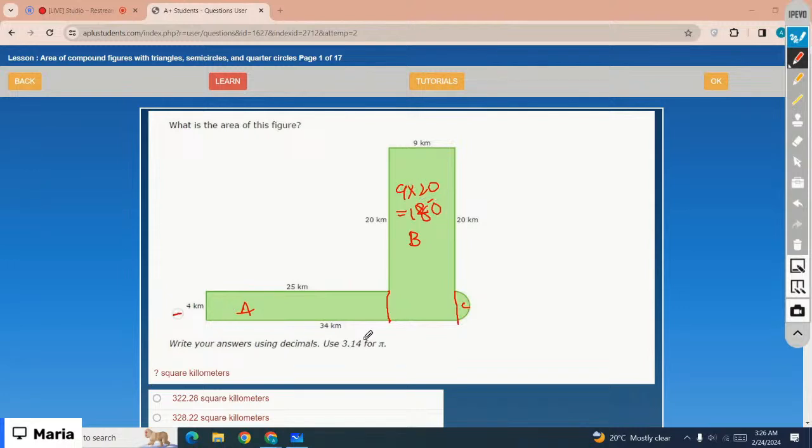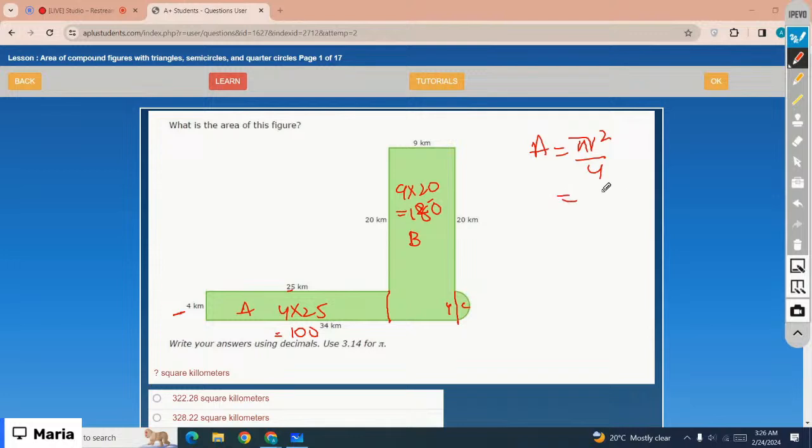For this one, this is 4, and from here to here the distance is 25. So just do 4 times 25, that is 100, right? For the circle you have to calculate the area, that is pi r square divided by 4, and this length is 4.